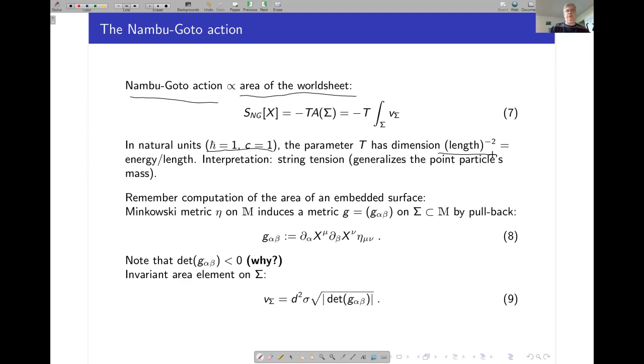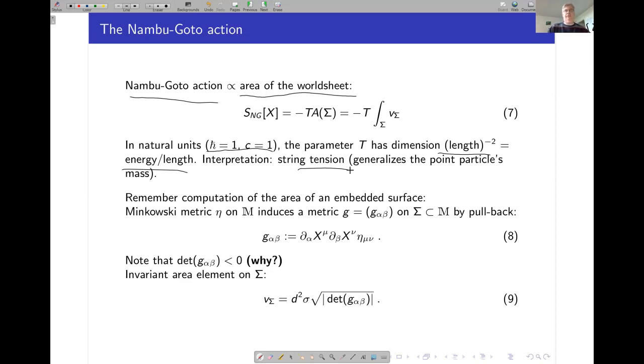And the better, more physical way to read this is as energy per length, which is then also known in mechanics as the tension. So this is the single independent dimensionful quantity that we have with a string. It's its tension or energy per length. And then we have our action, we have a conventional minus sign.